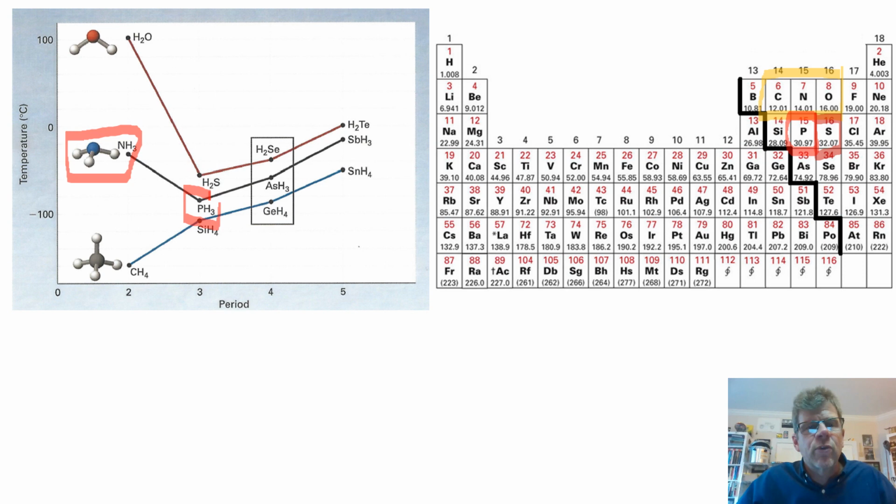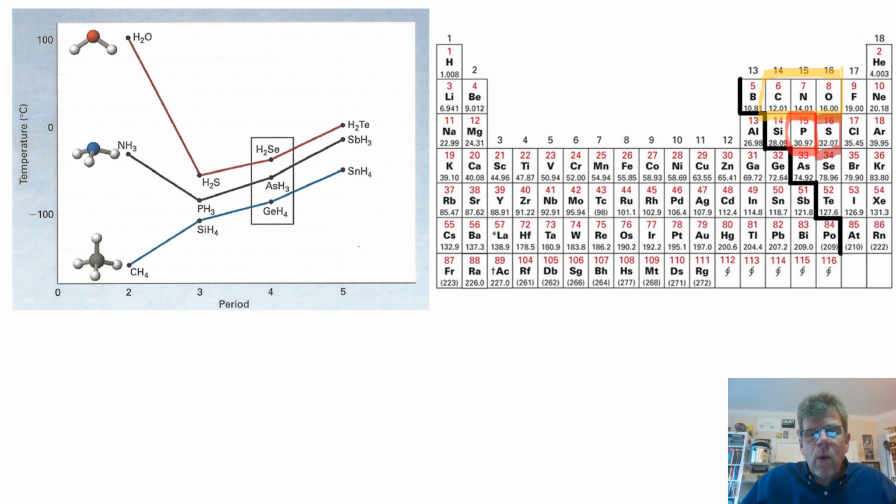Let's make PH3, a much heavier molecule. Phosphorus is much heavier than nitrogen, but again, we have an attendant decrease when we compare their boiling points. Why is that? Again, it's because NH containing molecules can hydrogen bond. PH containing molecules cannot.